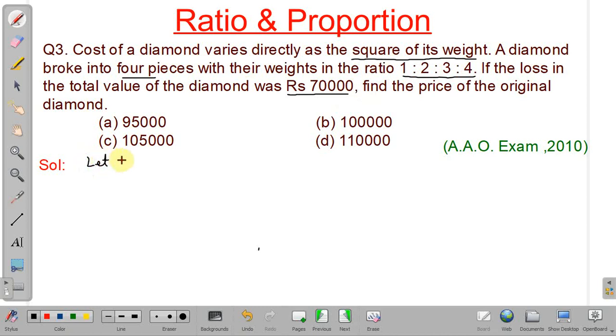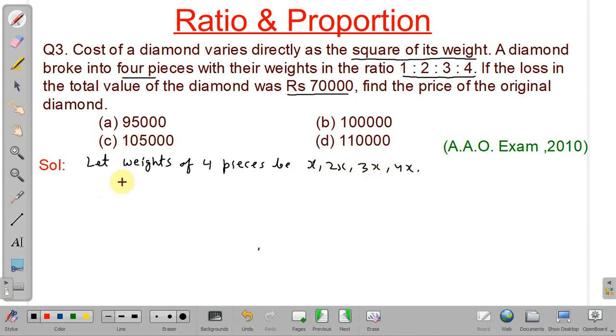Let the weights of the 4 pieces be x, twice of x, 3 times x, and 4x. Okay. So what will be the original weight?